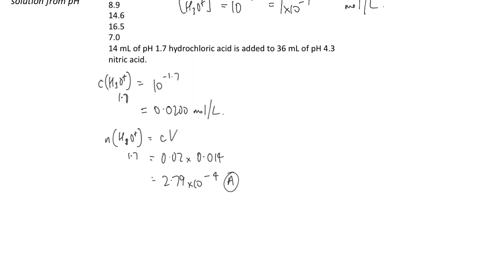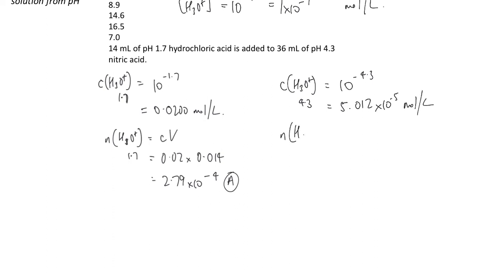Then I've got the concentration of H3O plus from the 4.3 solution, the nitric acid, is 10 to the power of negative 4.3, right? So that's going to be 5.012 times 10 to the negative 5 mole per liter.